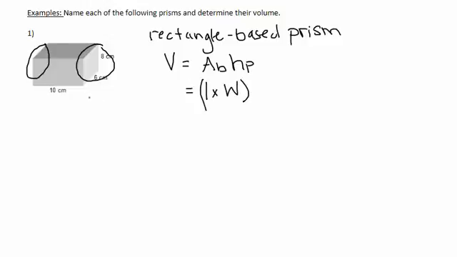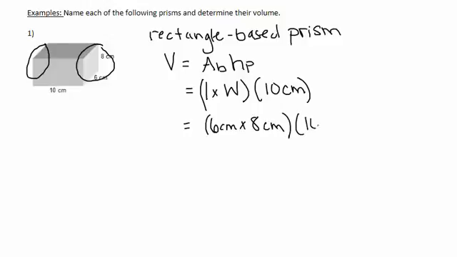And then the height of the prism we know is 10 centimeters, so we'll plug that in. So now our length is 6 centimeters and our width is 8 centimeters. And if you do the multiplication, you should get 480 centimeters cubed.